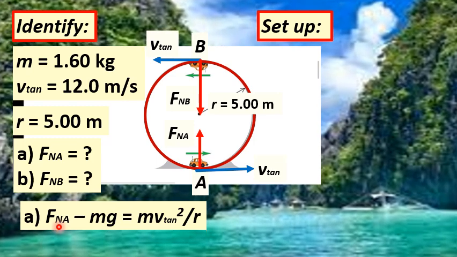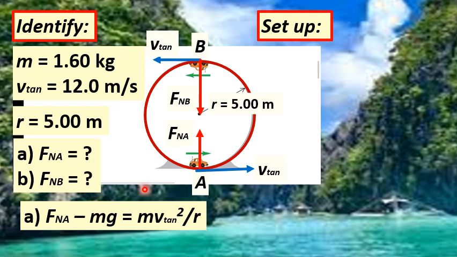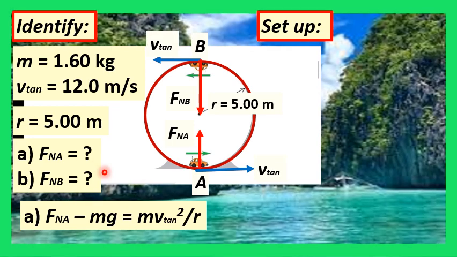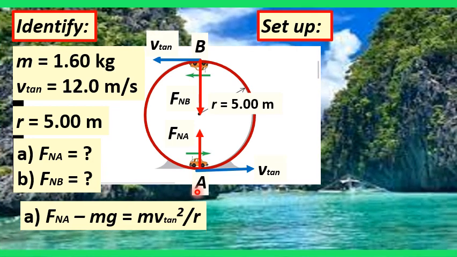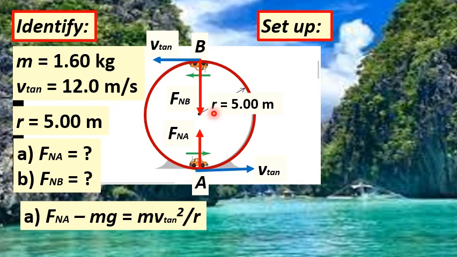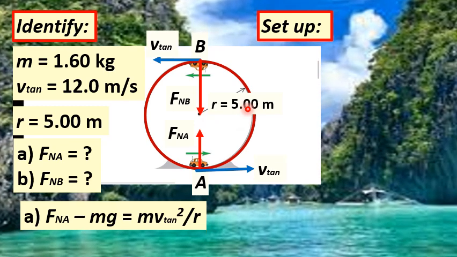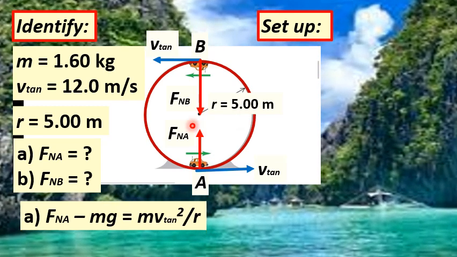So at point A, we say that the net force acting on the toy car is towards the center of the circular track.